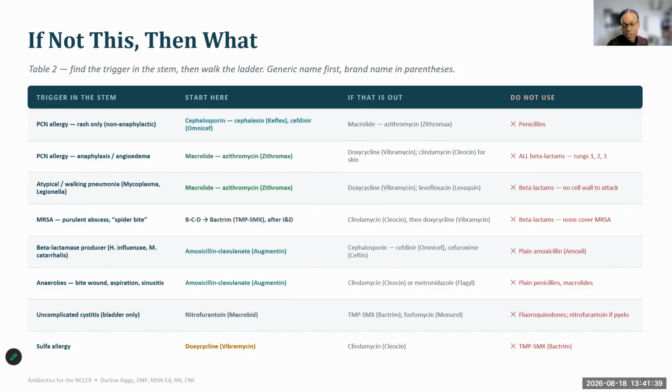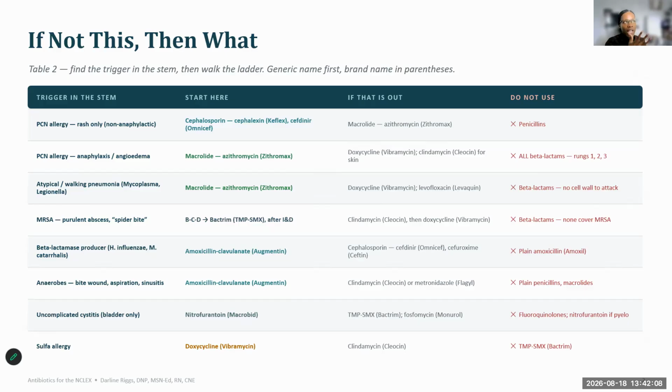Their airway was not closing down on you, then you can give a drug from that family. Okay, you can start with a cephalosporin, but not penicillin or Augmentin. It would be safer to start them with a cephalosporin, okay? So cephalexin, Keflex would be great. Cefdinir, Omnicef would be fine.